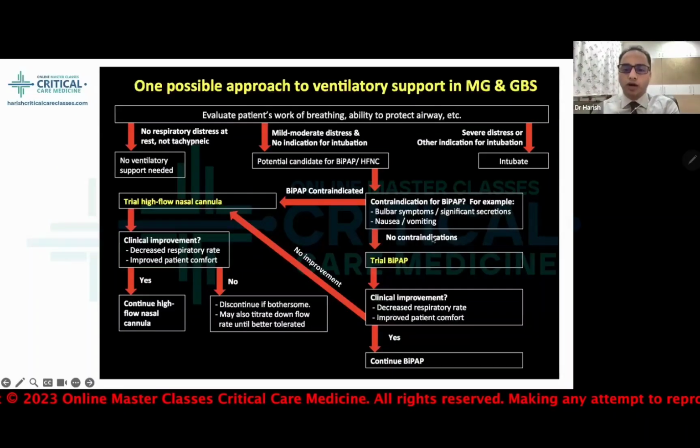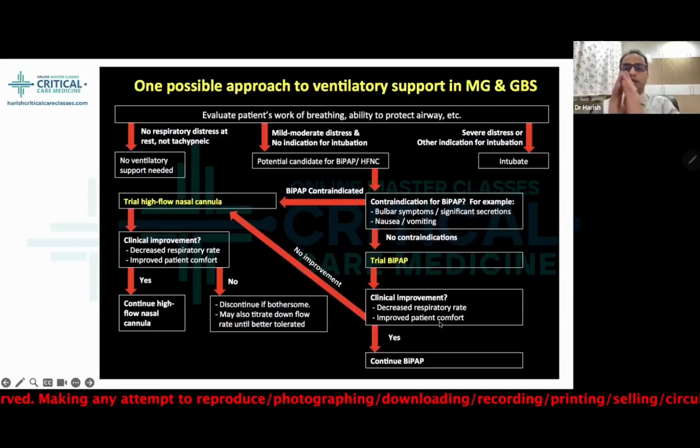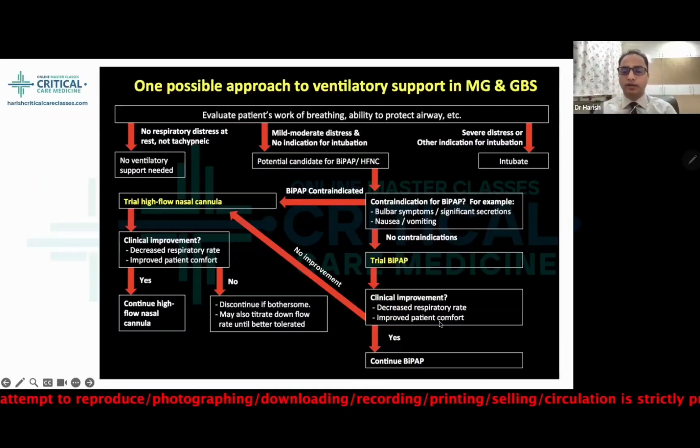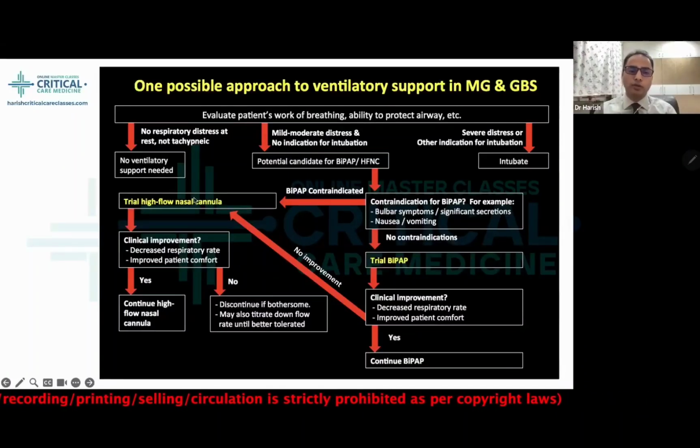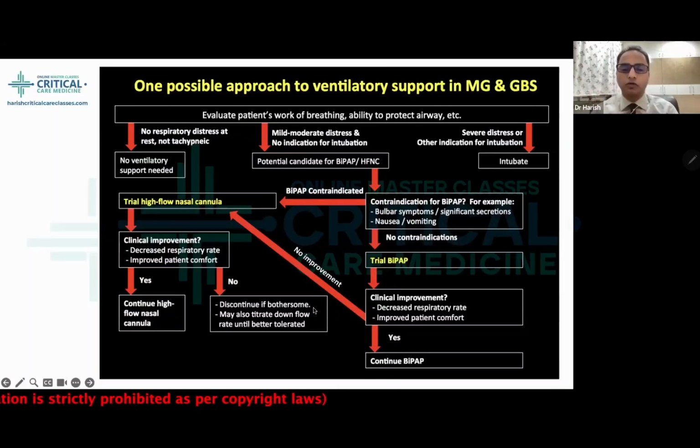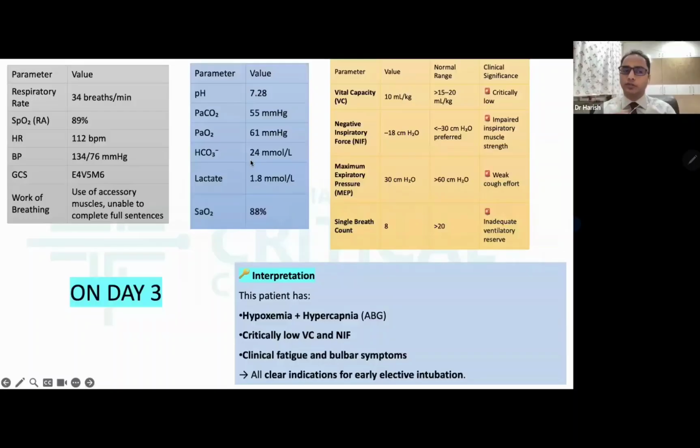If there is no contraindication for BiPAP, then we can give a trial of BiPAP. If there is clinical improvement, with decreased respiratory rate and improved comfort, we can continue the BiPAP. If there is no clinical improvement, try high flow nasal cannula, and if that is not serving the purpose, you can take a call on intubating the patient. This is one of the possible approaches for ventilator support in GB syndrome.